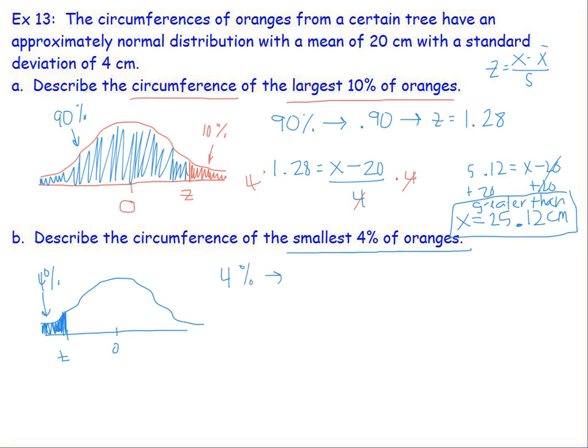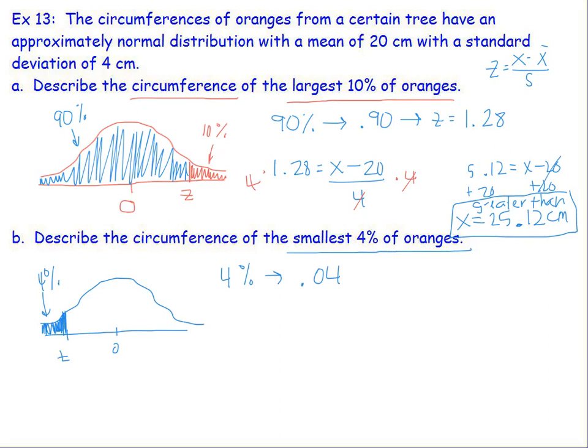So the first thing we need to do, divide by 100, change it to a decimal. If you move your decimal, you should end up with 0.04. And so then you go to your blue sheet, and because we know we're on the left of 0, you know you're looking at the negative side.